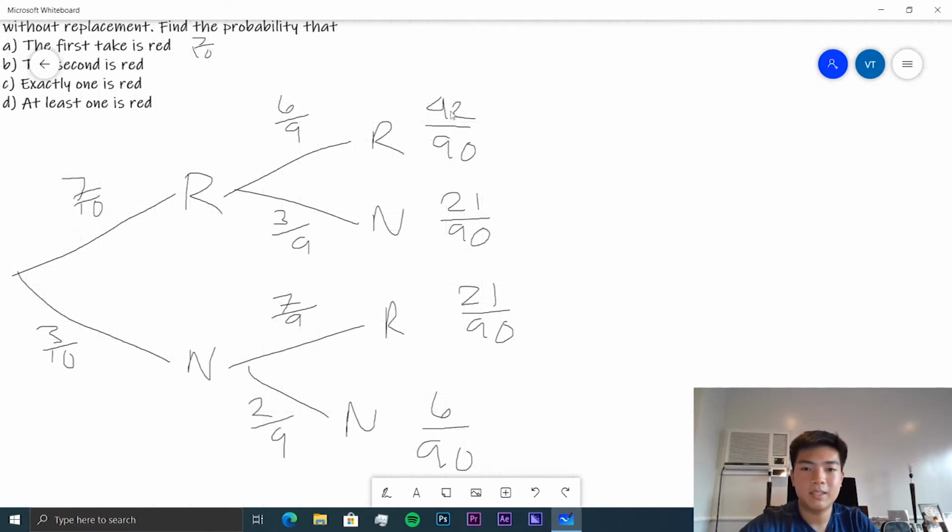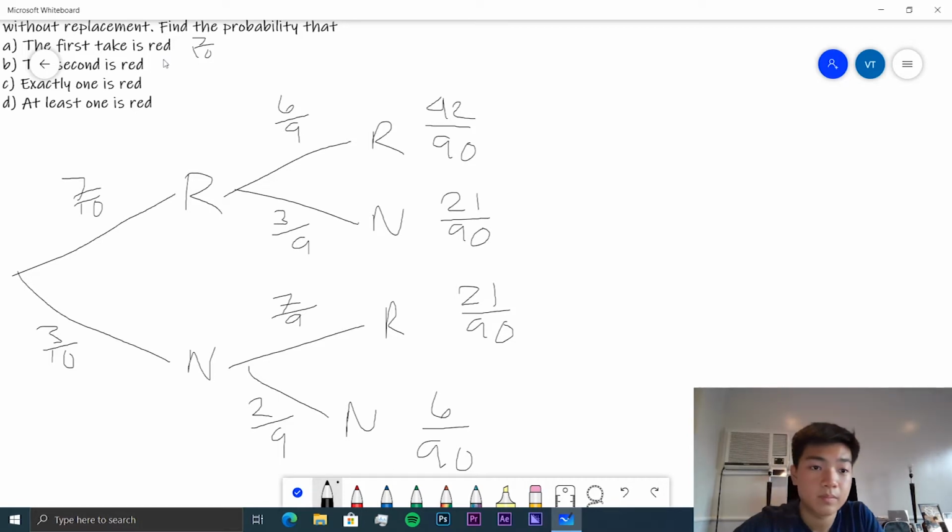There are 2 possibilities. We have to add these 2 up. So it's 42 plus 21 over 90, which is equal to 63 over 90, which is equal to 7 over 10 as well. Exactly 1 is red, so we have 2 possibilities, this or this, so it's just 21 plus 21, or 42 over 90, which is 7 over 15.